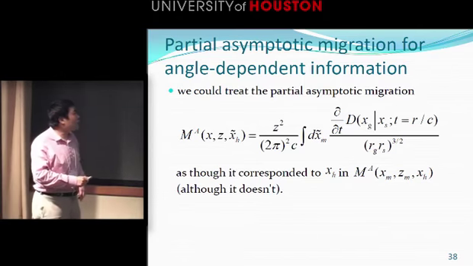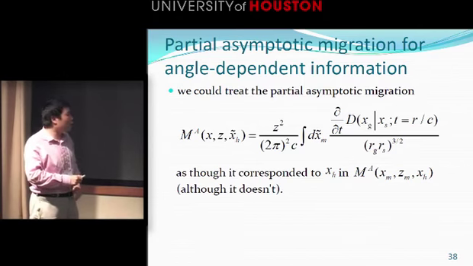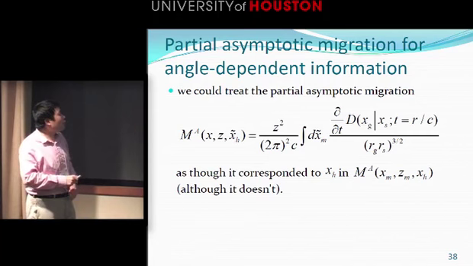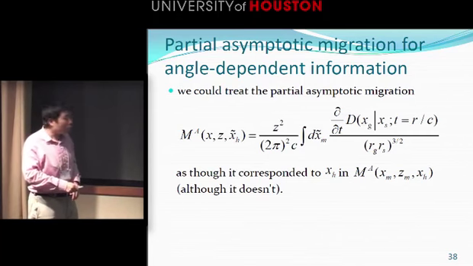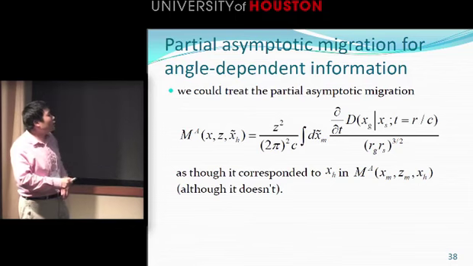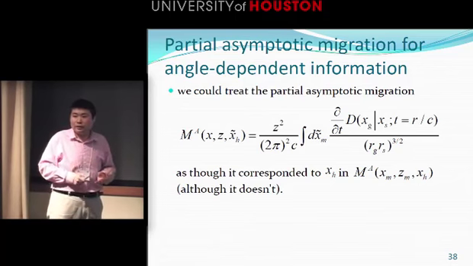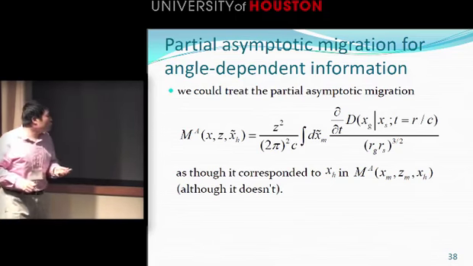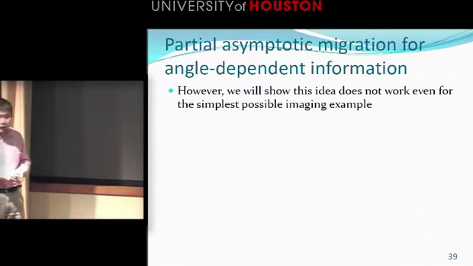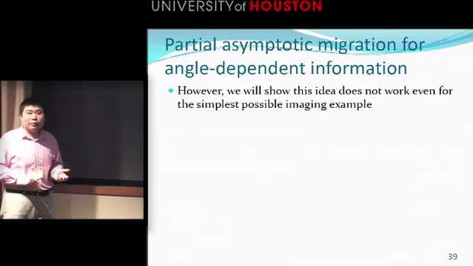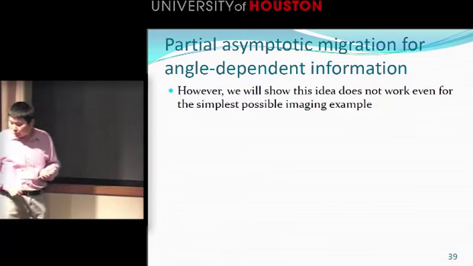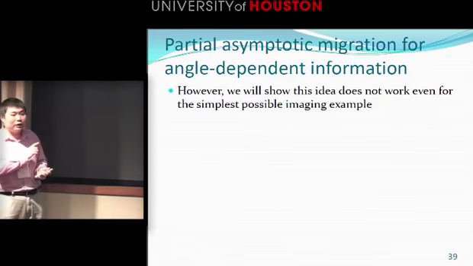We pretend this surface offset is the subsurface offset, and try to use this migration scheme to get an angle-dependent reflection coefficient. I will show that this idea will not work. We cannot get angle-dependent amplitude information from this scheme.